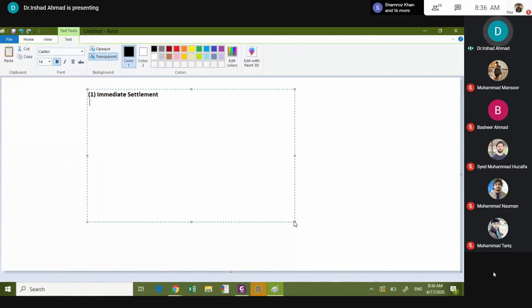It predominates in coarse grained soil. Coarse grained soils are gravels and sands.